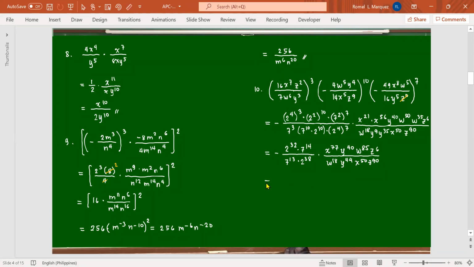Simplify further. The power of 2: negative 2 raised to, what will the exponent be, guys? Negative 6. The 7: just 1, the exponent. What about the letters?